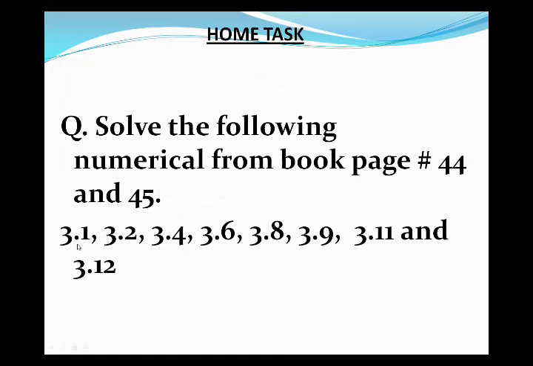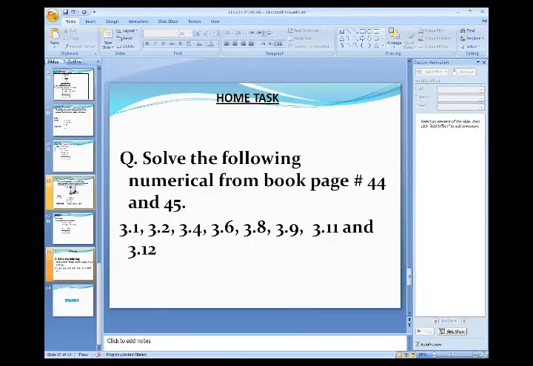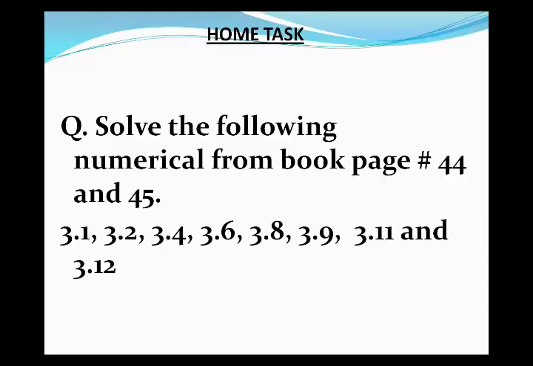Now if you see the second numerical, here a person hears the echo of his own voice, so here you just have to apply the formula 2d is equal to v multiplied by t. Here to find out, you just have to apply 2d equals s into t.